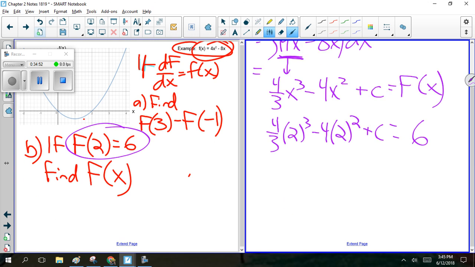And solve it, right? So you get, let's see, 2 cubed is 8, times 4 is 32, over 3 is 10 2/3, minus 16, plus c equals 6. 22, so what's that give you? 11 1/3, I think.